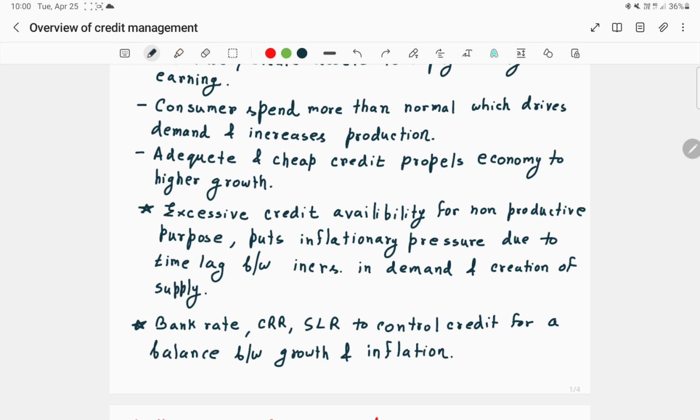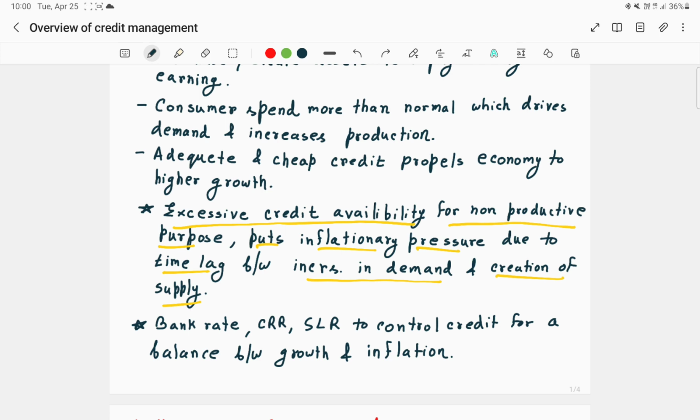Now, we should also consider that excessive credit availability for non-productive purposes, for example, buying goods, puts inflationary pressure due to the time lag between increase in demand and creation of supply. That means that suppose credit is available cheap and people are buying more iPhones, right?